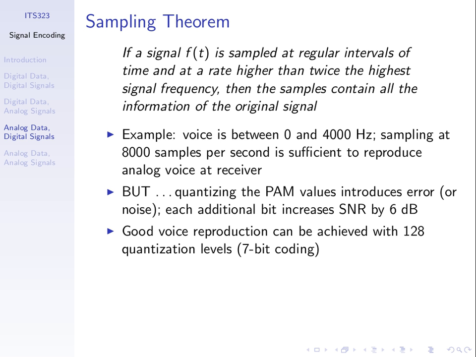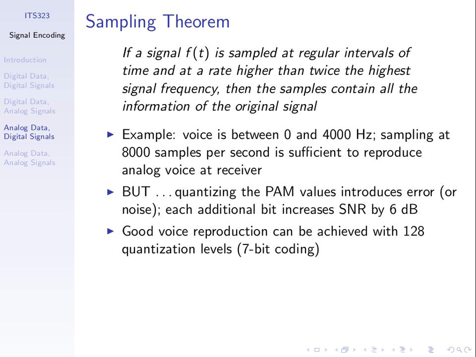Music ranges from 100 hertz up to 20,000 hertz. If we sample at a rate which is higher than twice the highest signal frequency, in music the highest is, say, 20,000, so 2 times 20,000, then the samples contain all the information of the original signal, and when we play it back, we'll get the perfect reproduction of the original signal.